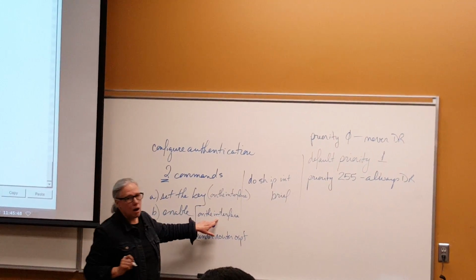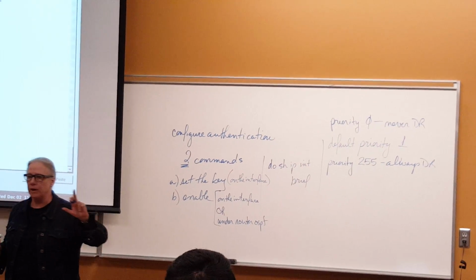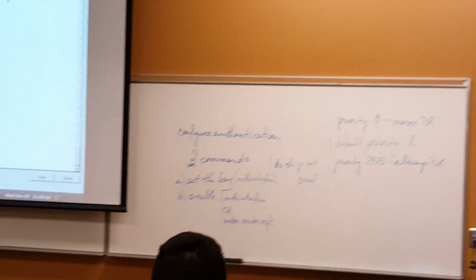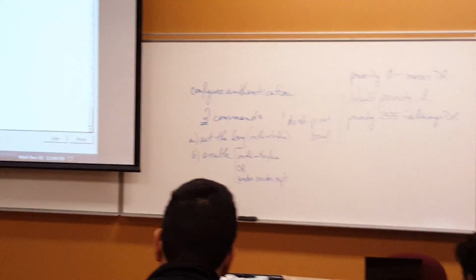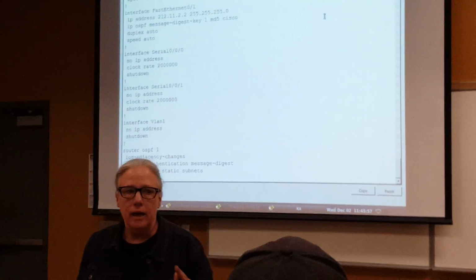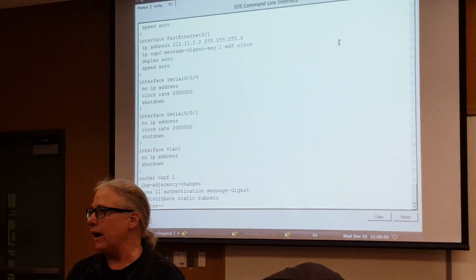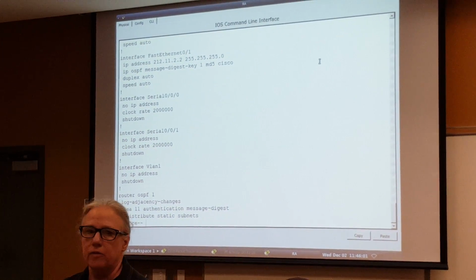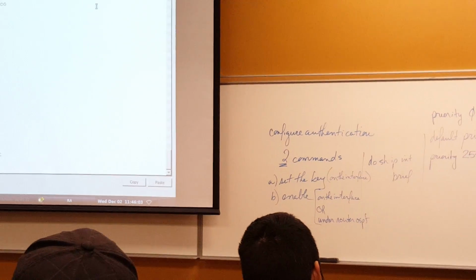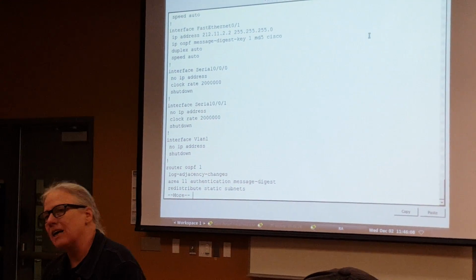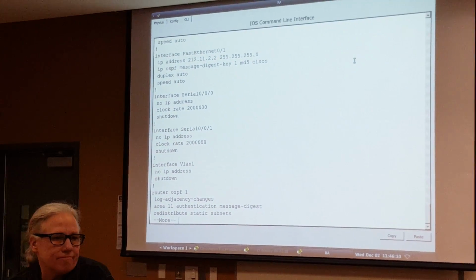So it can be done either in interface configuration mode or in router configuration mode. On the Packet Tracer, I asked you to do it in interface configuration mode on one router, in router configuration mode on the second router. I probably will ask you to do the same thing on the SBA.